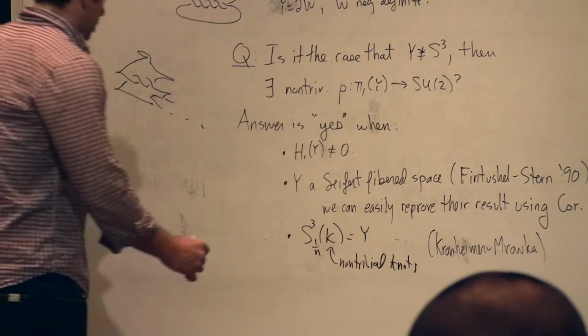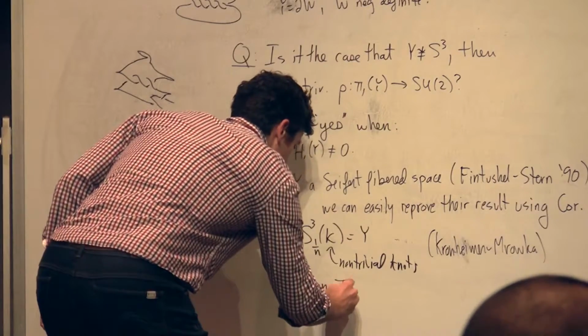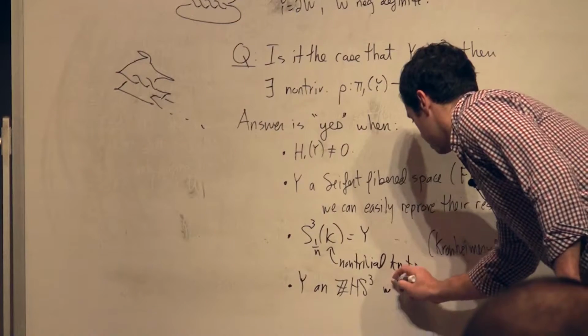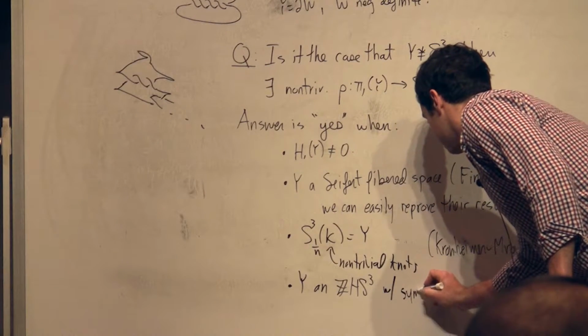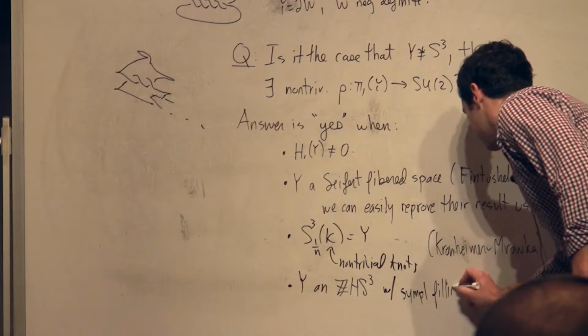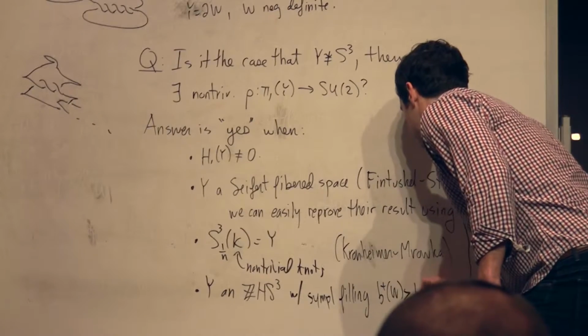And also, if Y is an integer homology 3-sphere with a symplectic filling, with b^+ greater than or equal to 1.